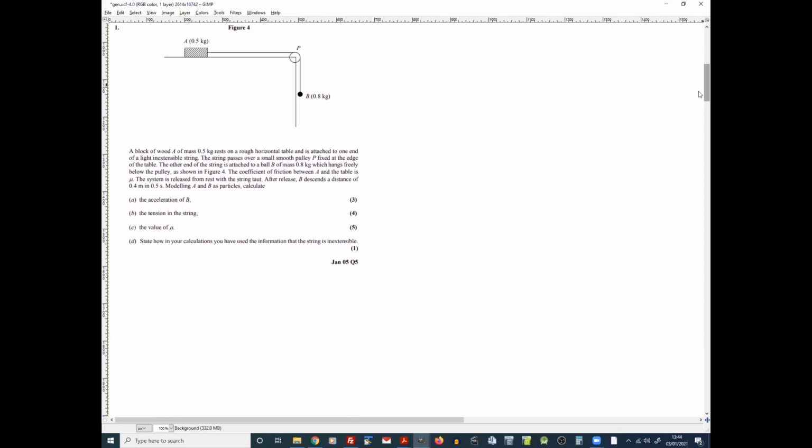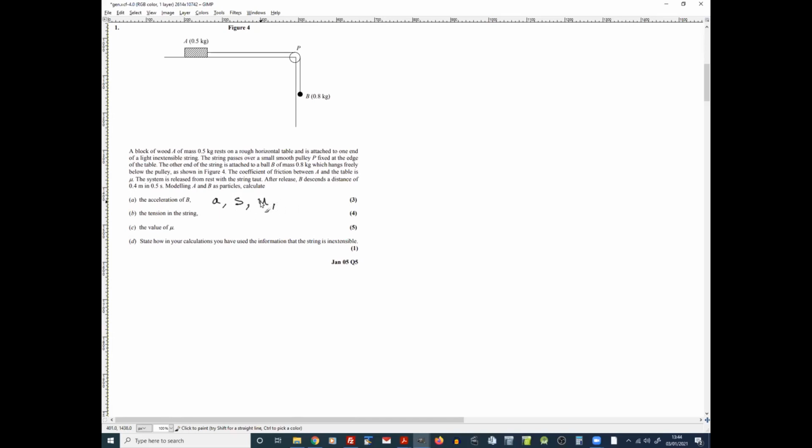Choosing a Suvat. Which variables of Suvat do we know, or are involved? A for acceleration. S for displacement. U for initial velocity. Yeah, true.